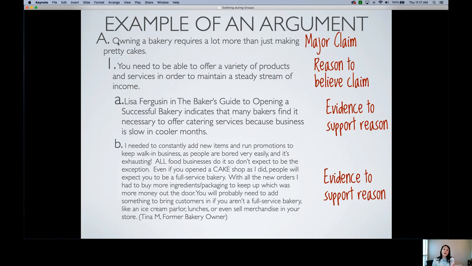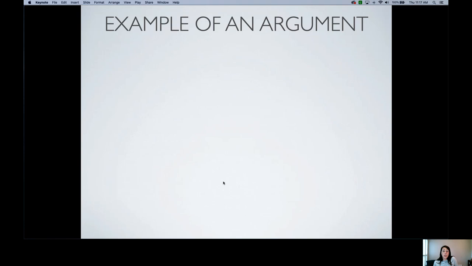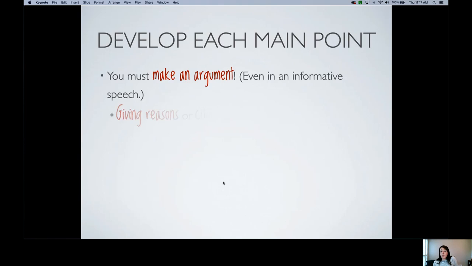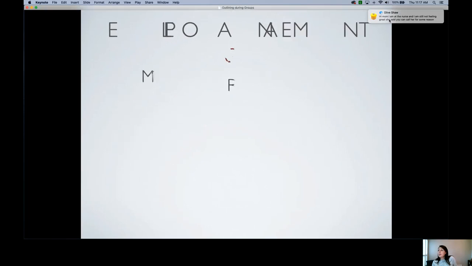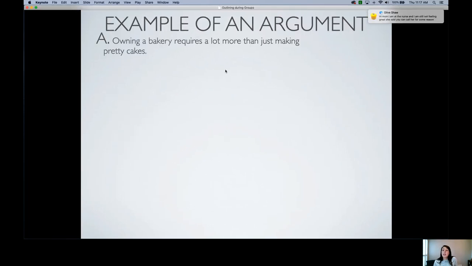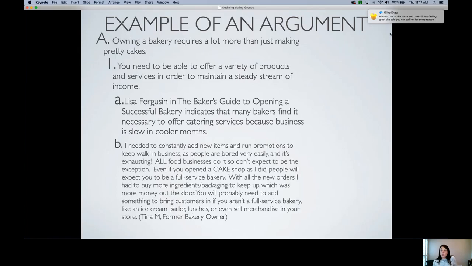So if I said, you have to do more than make pretty cakes, you have to offer a variety of products, you have to maybe start catering services, but I forget this testimonial, it's not going to make or break my speech. But this is an example of an argument that you can use to guide how you structure your argument.